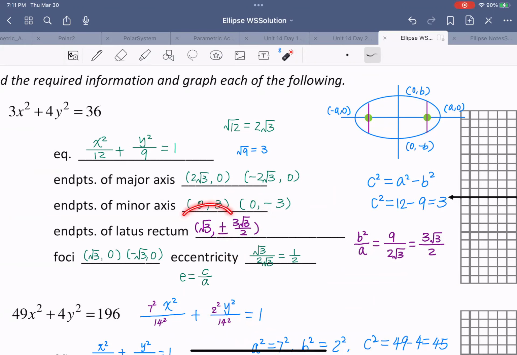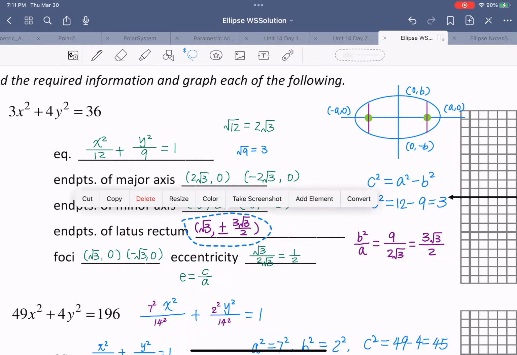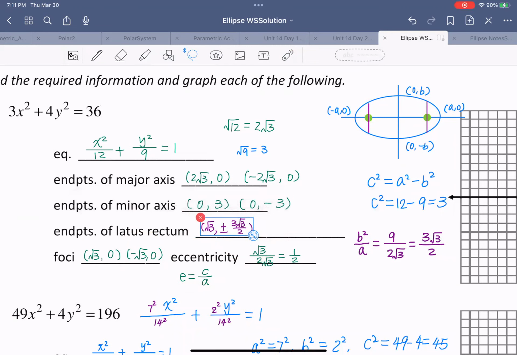And then, can you use this as your example? Tell me this guy's corresponding latus rectum position. Go ahead, please. Negative square root 3, right? So what do you do? It's going to be just copy this guy exactly, and then you will just put a negative square root 3.